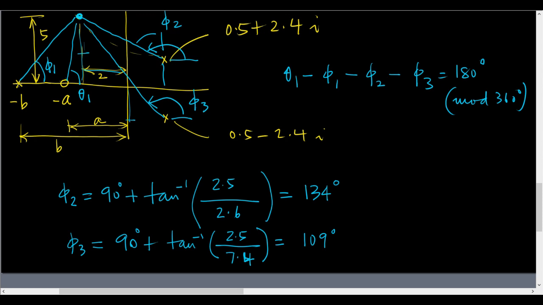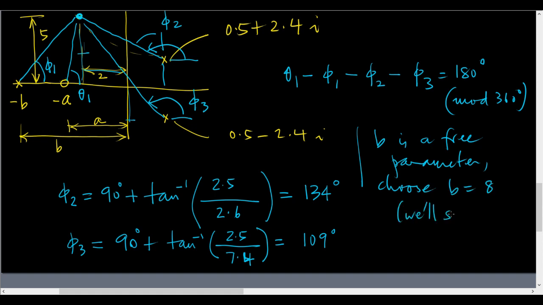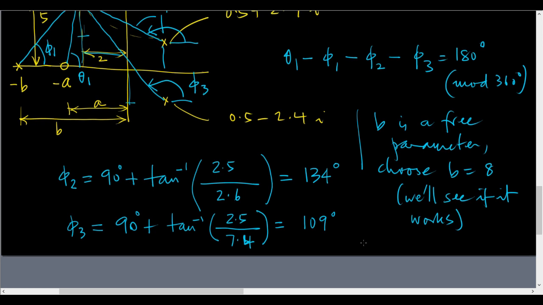How much is phi 1? Phi 1 depends on b. Alright, so now I have to choose some b. Let me choose b to be 8. So b is a free parameter. Choose b equals 8. We'll see if it works. Okay, so if we choose b to be 8, in that case phi 1 equals tan inverse. Now what is the vertical extent?